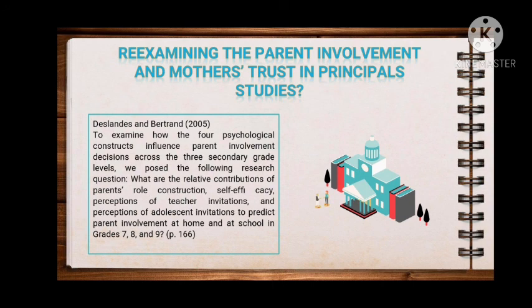We pose the following research question: what are the relative contributions of parent role construction, self-efficacy, perception of teacher invitation, and perception of adolescent invitation to predict parent involvement at home and at school in grades 7, 8, and 9?